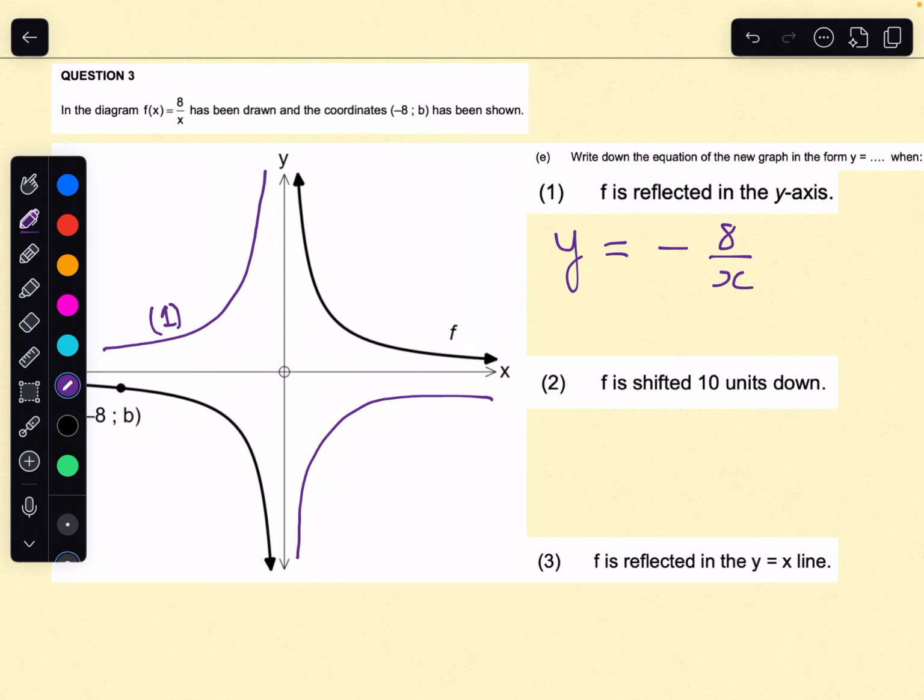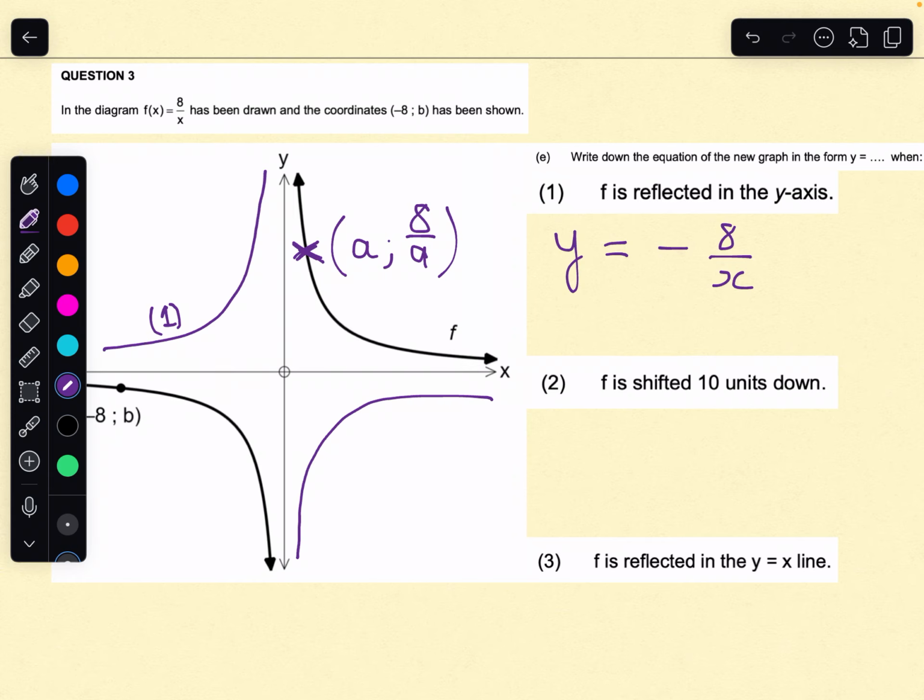f being reflected in the y-axis, let's think about what's happening to each point on the curve. So let's just take a random point over here, which would be, let's say, the x coordinate is a, and the y coordinate will be 8 over a.